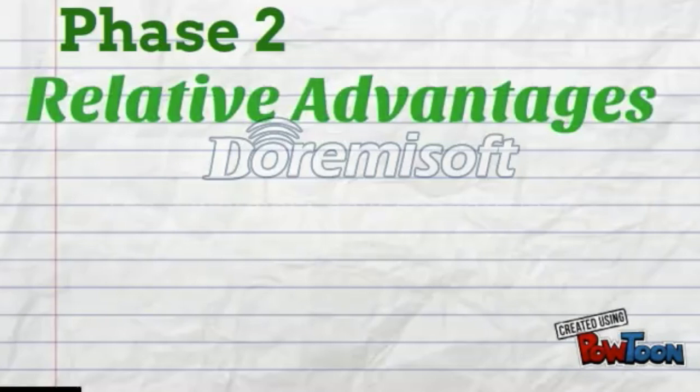Phase 2. State relative advantages. In phase 2, you are to state the relative advantages. So, as a teacher, I will ask myself, why am I using a technology-based method for this lesson? I will ask myself, what type of problem are the students going to address during this lesson with the use of technology?